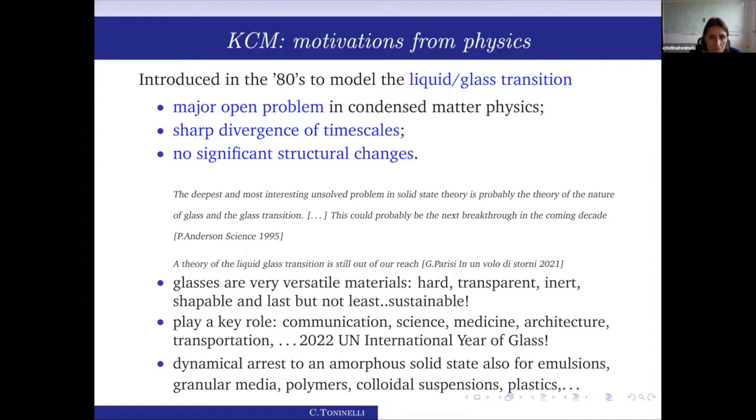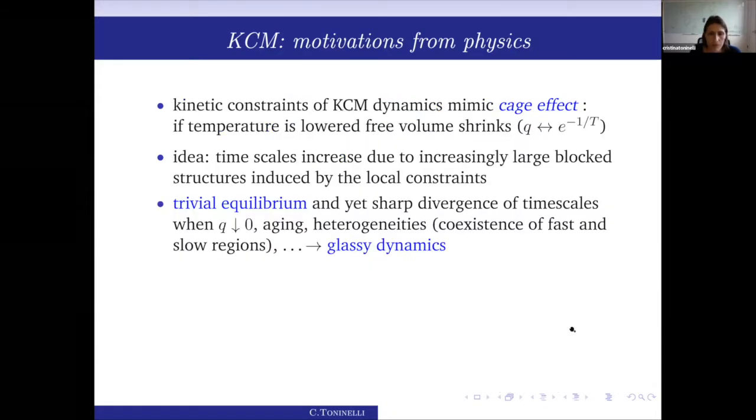So now, to go back to math, what is the connection with the kinetically constrained models? The idea was that introducing these kinetic constraints, which the particles, the sites, should satisfy in order to update their variable, should mimic what is called the cage effect.